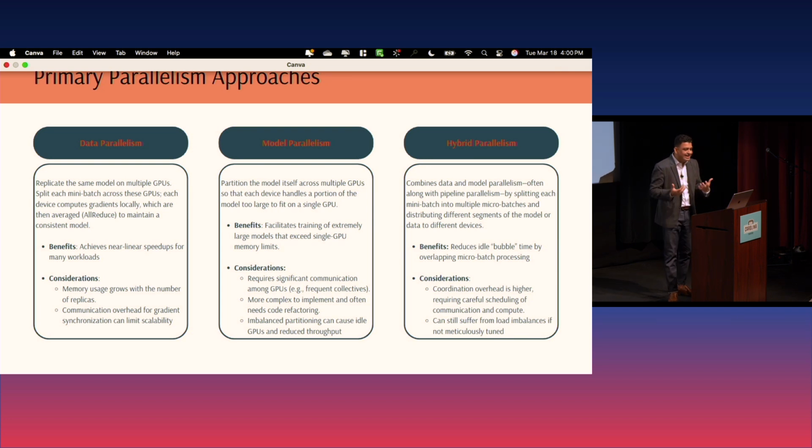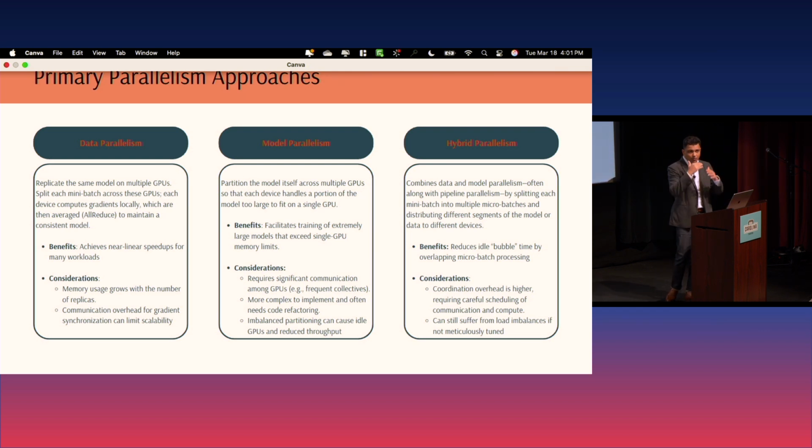The idea here is, if you think about models in two ways, you have n number of weights and parameters in a single layer, and then you have m number of layers. You can split your model by saying that the first P layers are going to be on GPU 1, the next set of layers are going to be on GPU 2, and so forth and so on. That's typically called pipeline parallelism, which we will look at in a future slide.